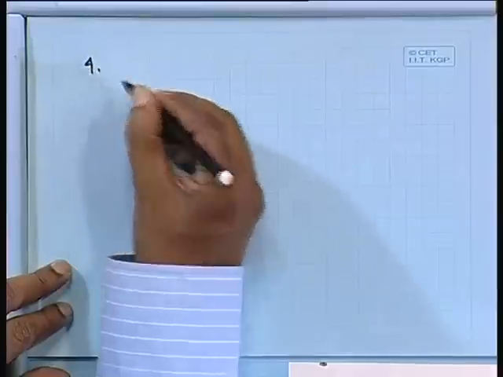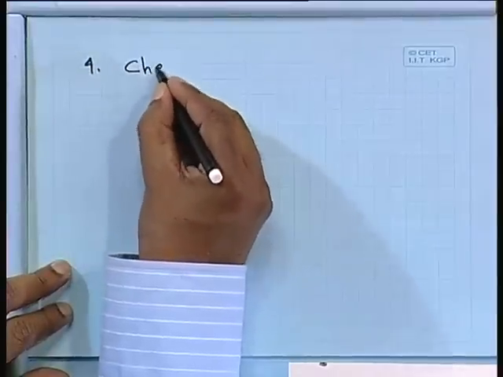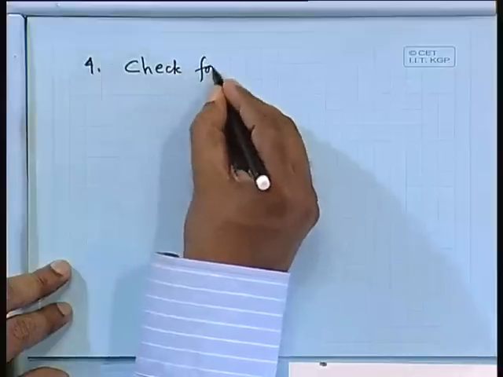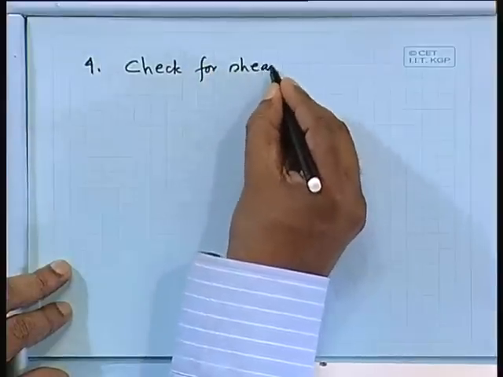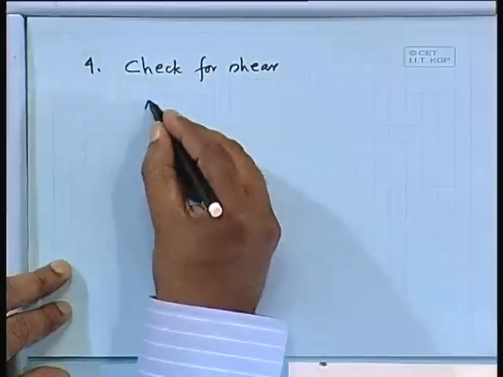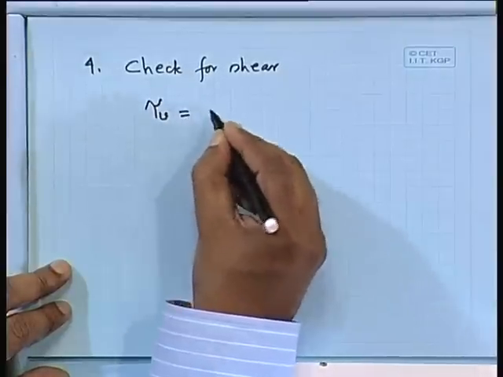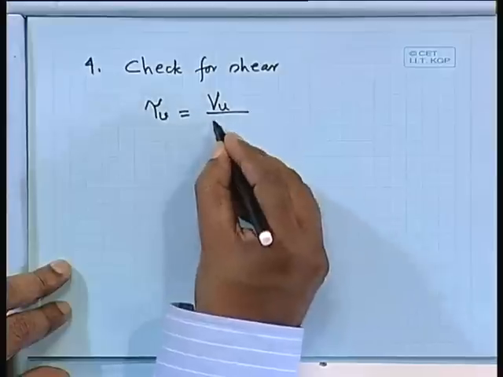Number 4, check for shear. So, what about tau v? Tau v equal to Vu by bd.